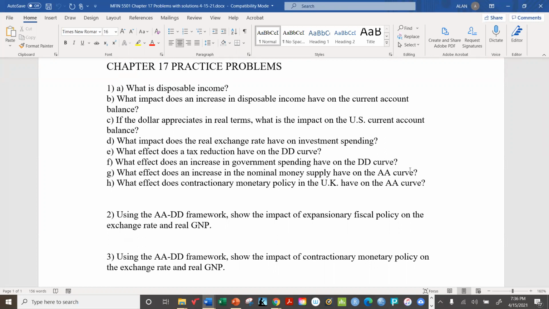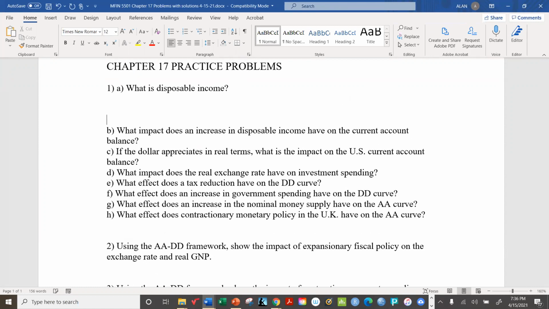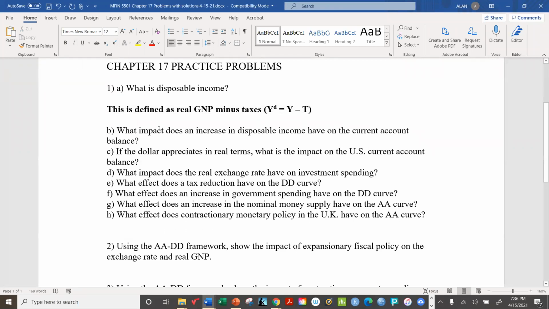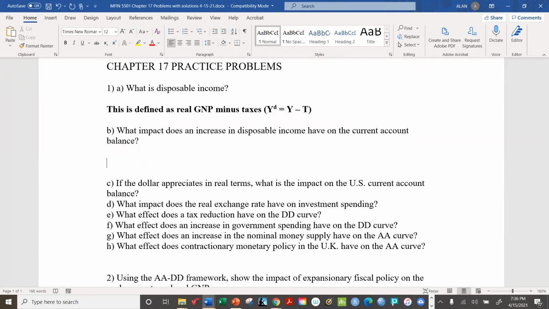So number one, what is disposable income? This is defined as real GNP minus taxes. And it's written in the notes as YD equals Y minus T. What does this do to the current account balance?